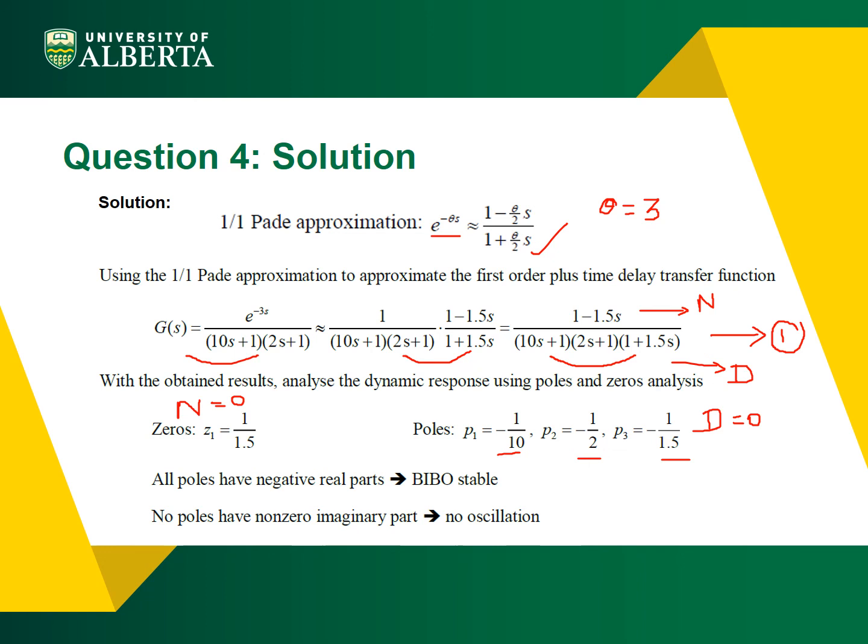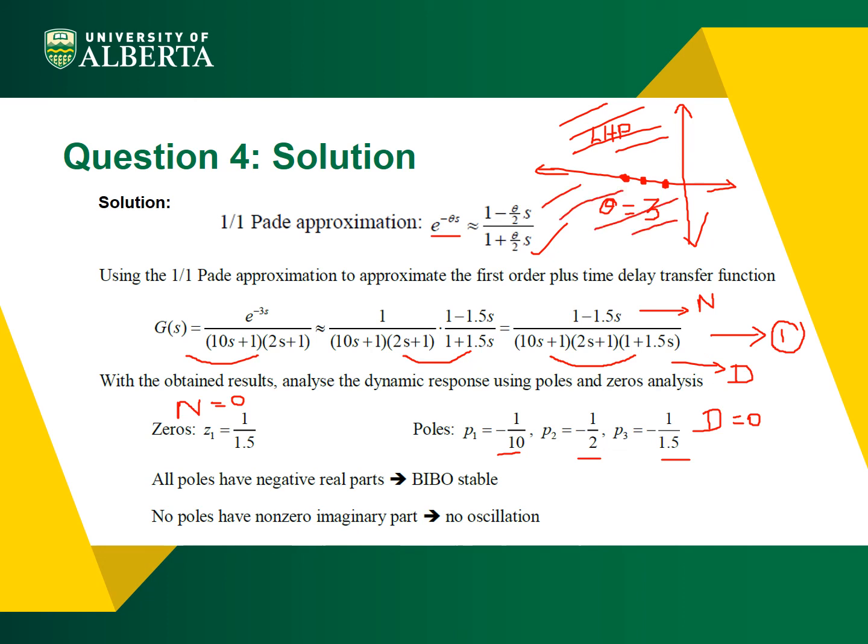And we see that all the poles, so if you plot them, so this is the left half plane, and because all the poles are negative, they are going to lie on the real axis, and they don't have an imaginary part, so they will lie exactly on the axis.